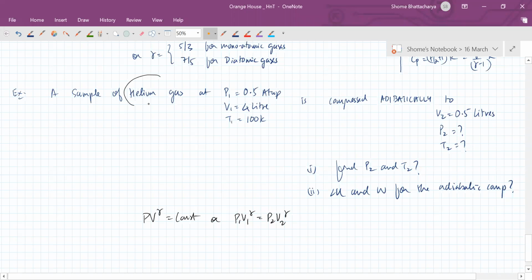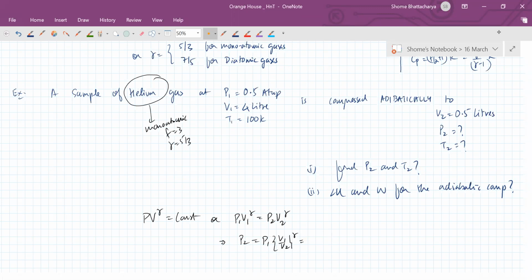Okay, now it's helium gas, so it's monoatomic. So degrees of freedom are 3 and gamma is 5 by 3. So pressure at the second point will become P1 into V1 by V2 to the power gamma. Yes, Siddhi, very good. That is correct.